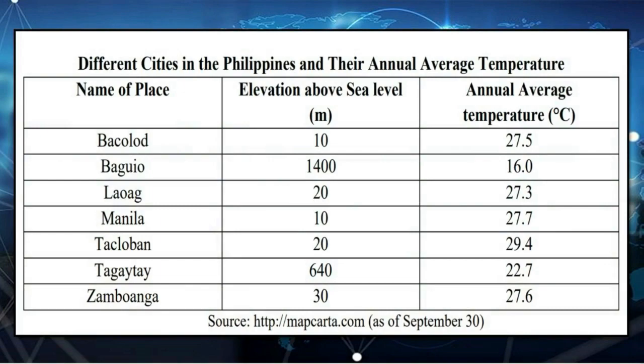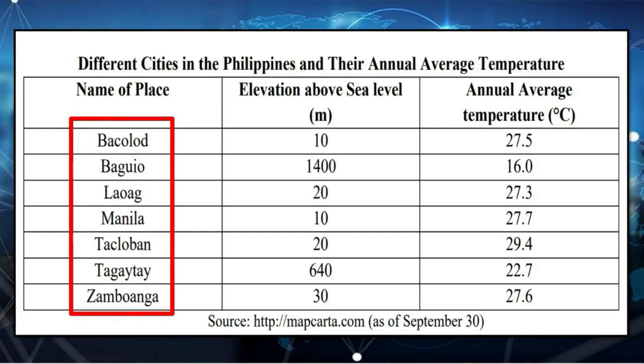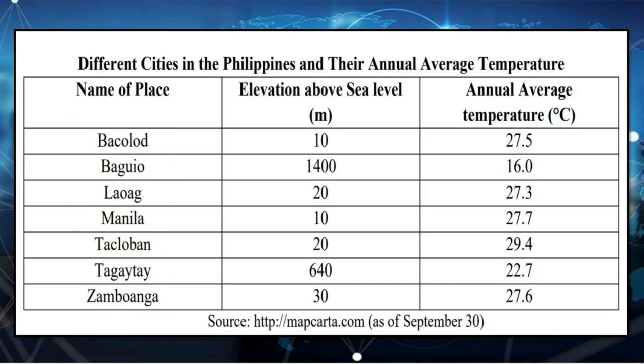The left side of the table shows the list of different cities in the Philippines, while the middle part shows the elevation of the area above sea level in meters. And the right side of the table shows the annual average temperature.